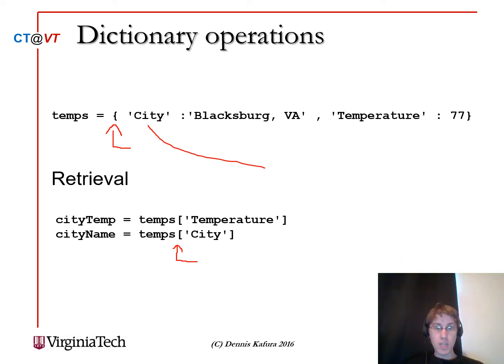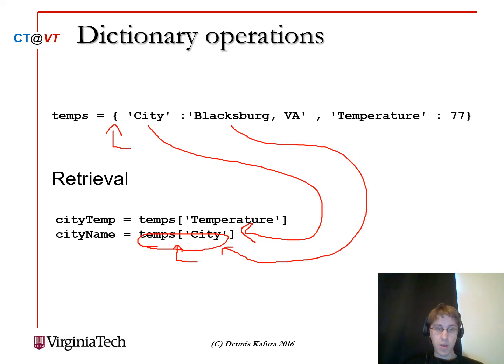Notice that we use keys to access the values. This expression temp city would be replaced by the value Blacksburg, Virginia. We can only use keys to access values inside of dictionaries. Temps is a dictionary, city is a key, therefore we can do temps square bracket city. And the city name would then take on the value Blacksburg, Virginia.